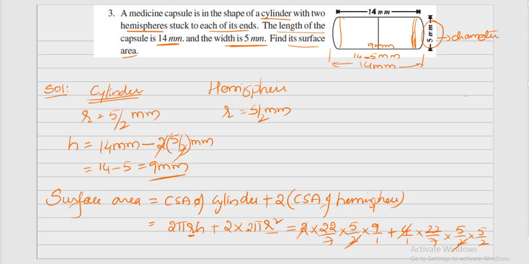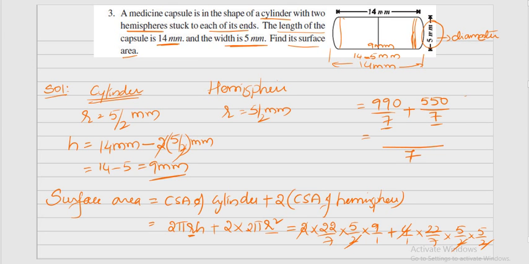This 4 and these 2s I can cancel out, right? Now 22 5s are 110, 110 9s are 990 by 7, plus 22 5s are 110, 110 5s are 550, so 550 divided by 7. Since the denominator 7 is the same, I can directly add.